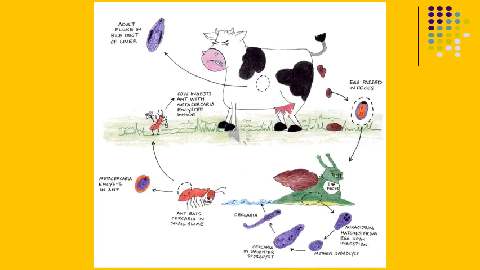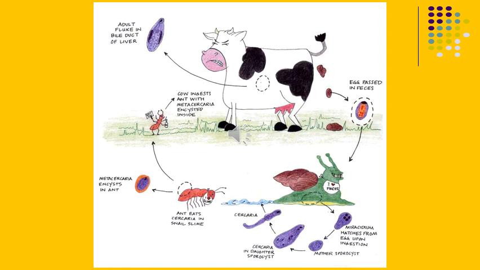In this slide, we are going to consider the life cycle of Dicrocoelium more clearly. As you can see, the eggs of Dicrocoelium are sent out in feces after defecation, and the mollusk ingests the feces with the eggs of Dicrocoelium inside.